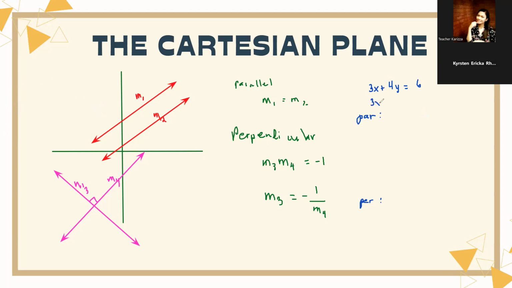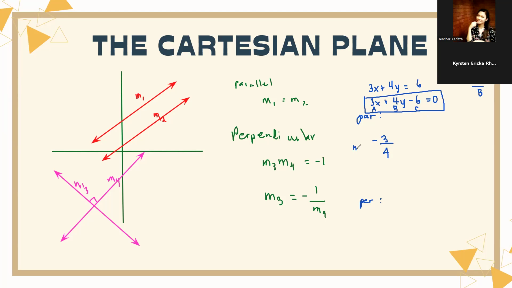So we have 3x plus 4y minus 6 is equal to 0, where this is your A, this is your B, and then this is your C. And to get the slope of this one, we just take negative A over B. Kapag general form yung equation natin, this is how you solve for slope. So we have negative 3 over 4.